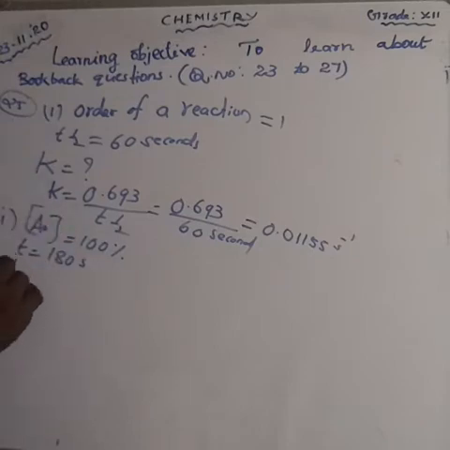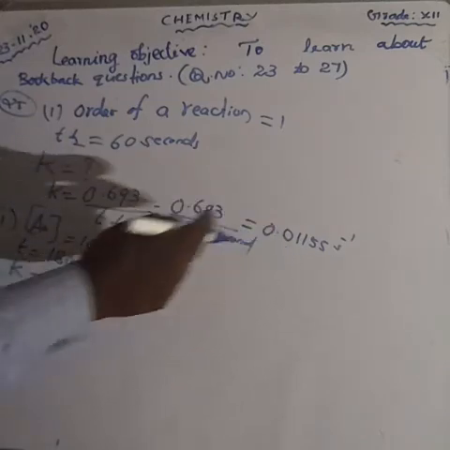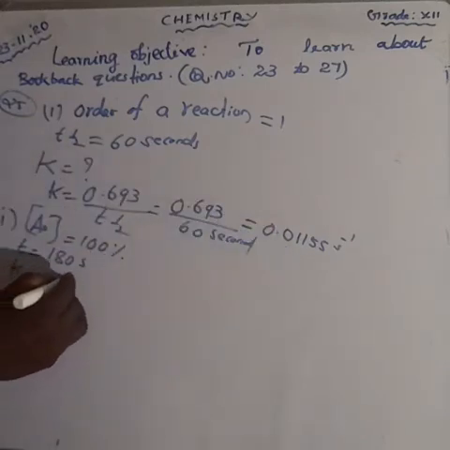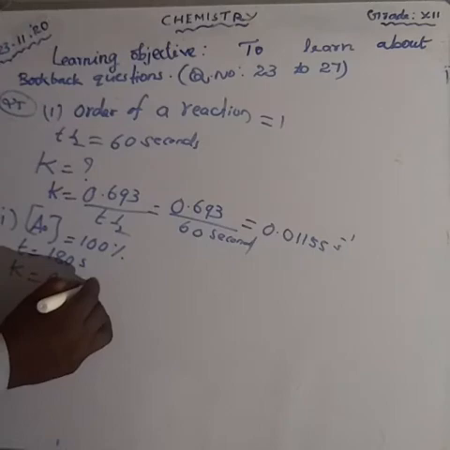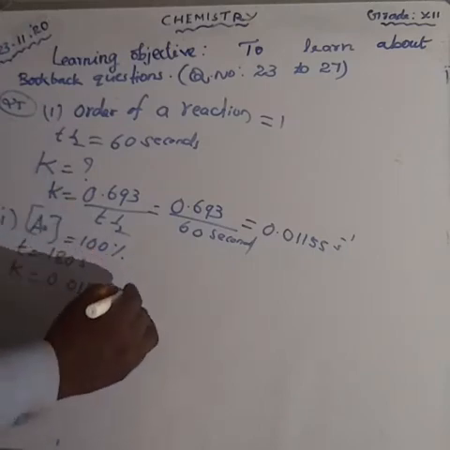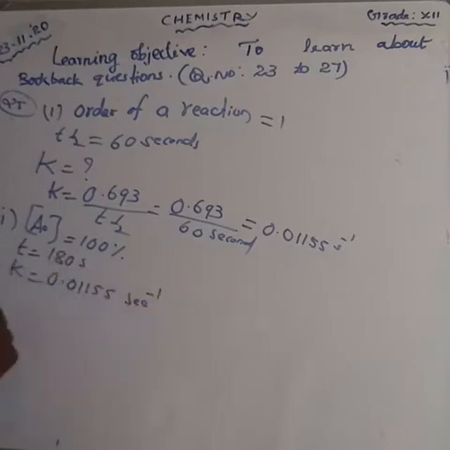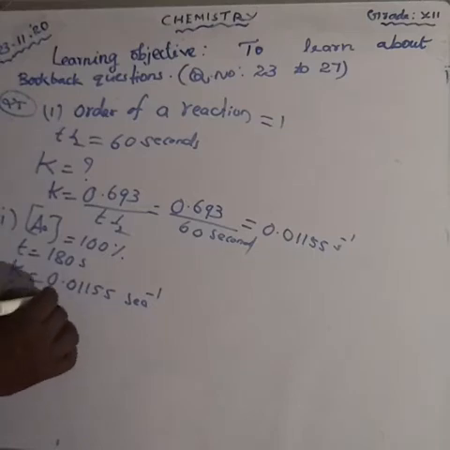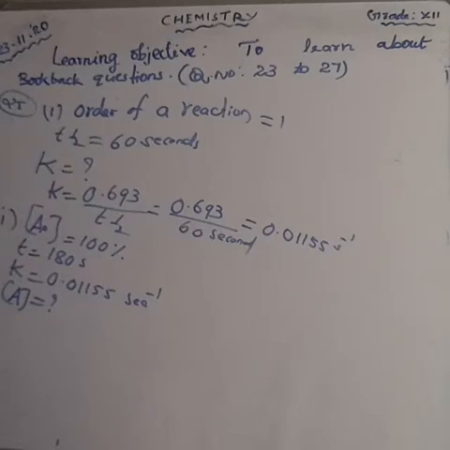What about the K? K is already given, 0.01155, second inverse. What about the value of A? A we should be calculating. For the first order reaction, we know the formula.